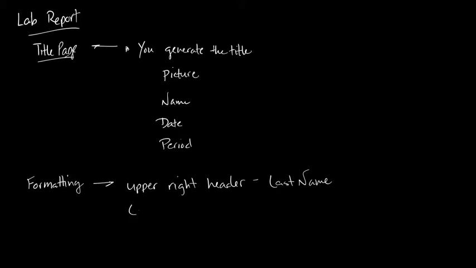And then lower right should be the page number. I like it to be expressed as the page I'm on out of the total number of pages. That's how I like it. So these should be in the header and footer.